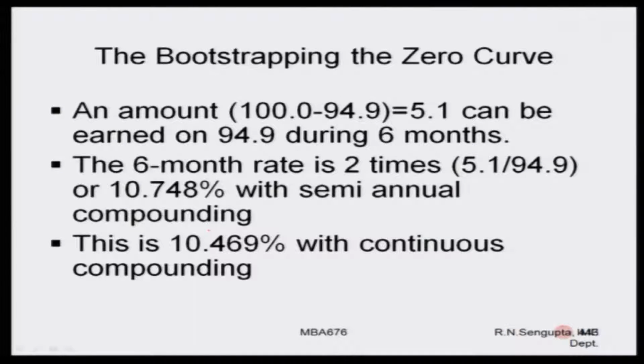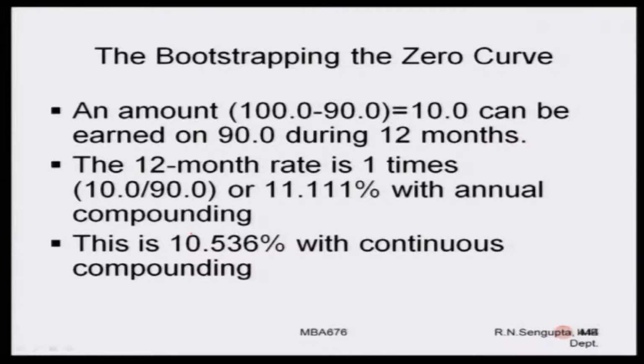That comes out to be 10.748 with semi-annual compounding. Converting into a continuous compounding rate using the same fundamental principle, it comes out to be 10.469 per annum continuous compounding. This is the value which is important for us.